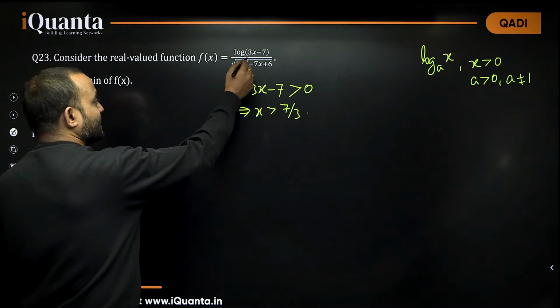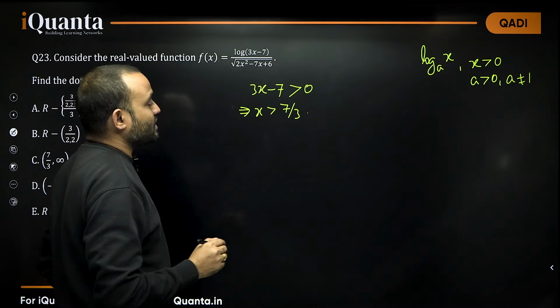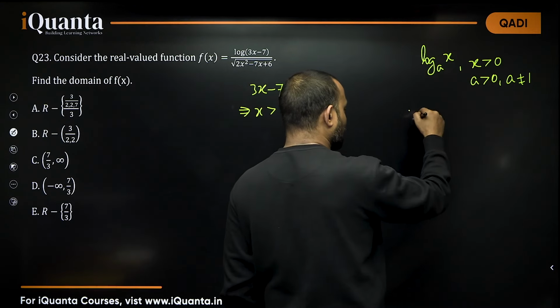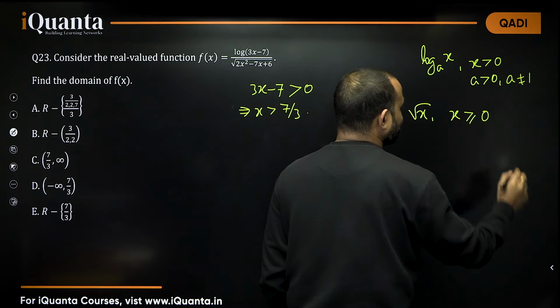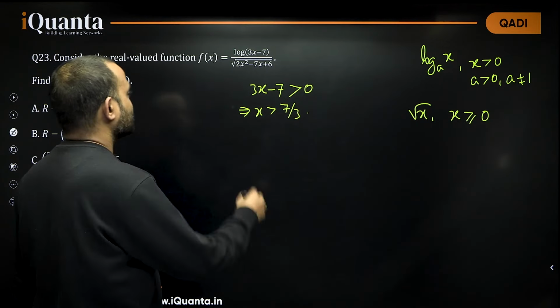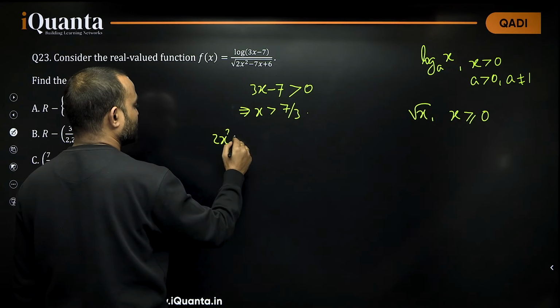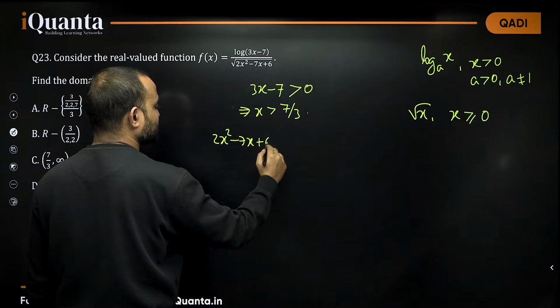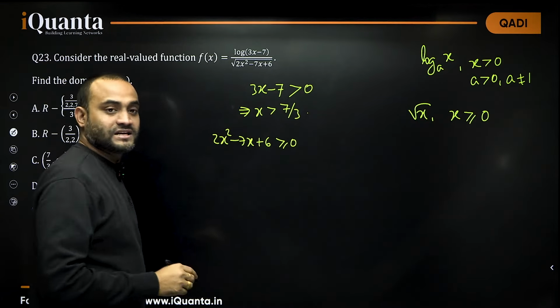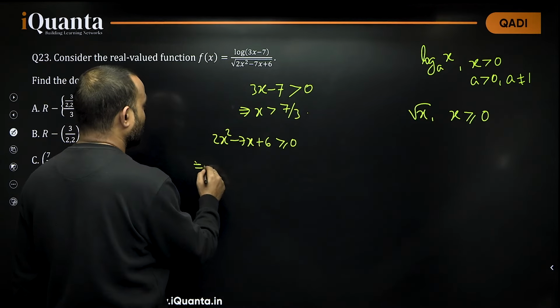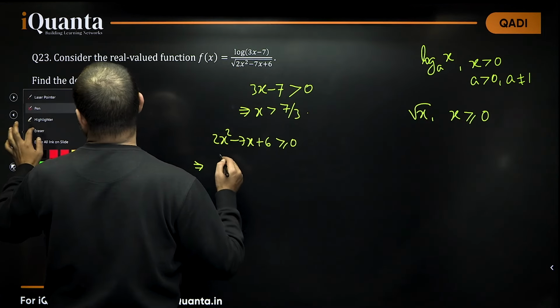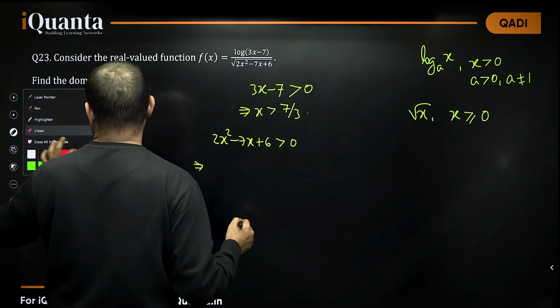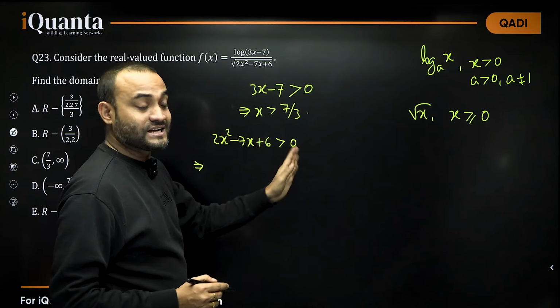Then square root, if there is square root of x, then x must always be greater than or equal to 0, correct? So we can say 2x square minus 7x plus 6 should always be greater than or equal to 0, okay, but now it's in the denominator, so we cannot take 0 as well, right? Because then it won't be defined, so we cannot take 0.